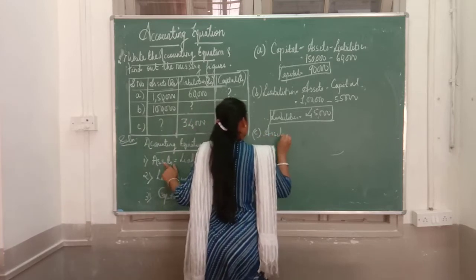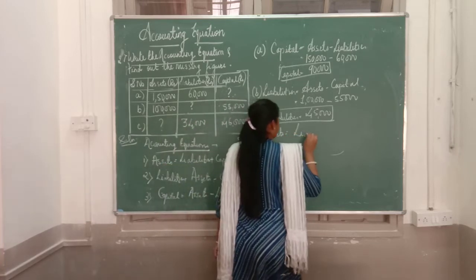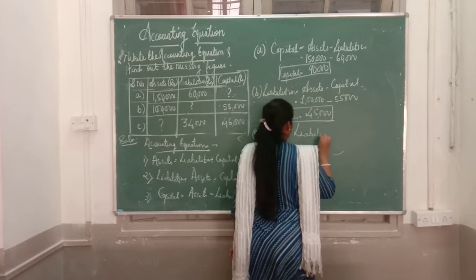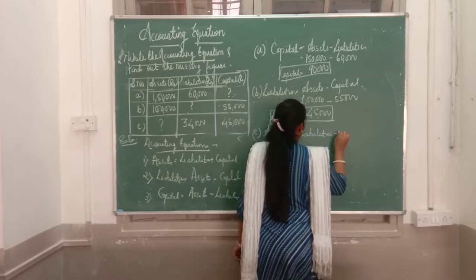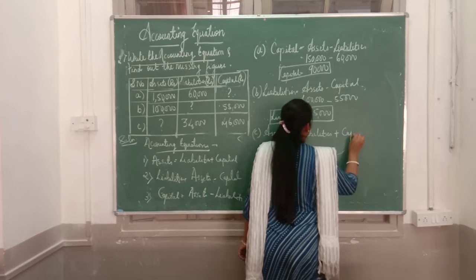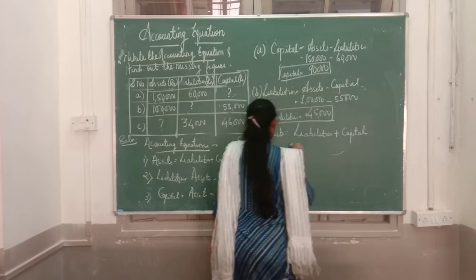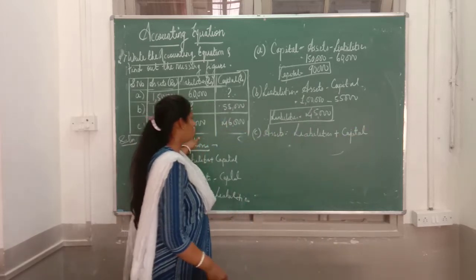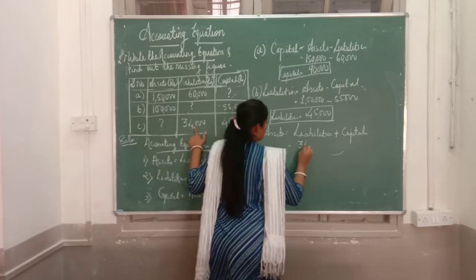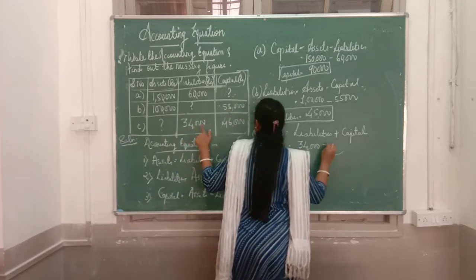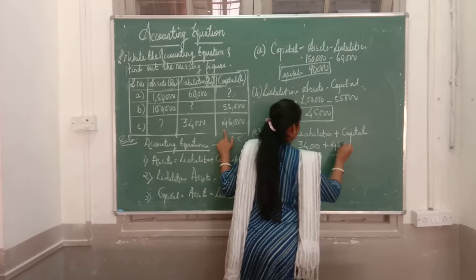Assets is equal to liabilities plus capital. Yes. How much is liabilities? 34,000. And capital is 46,000.